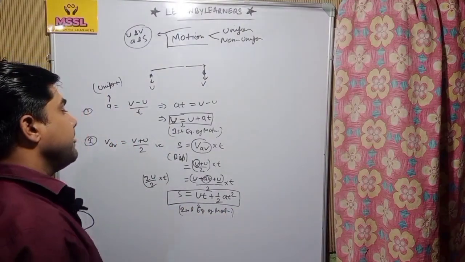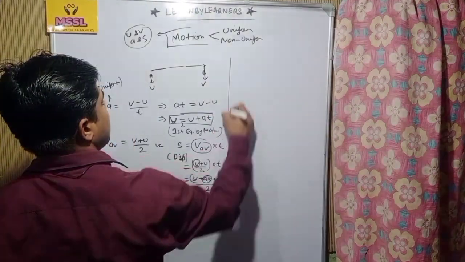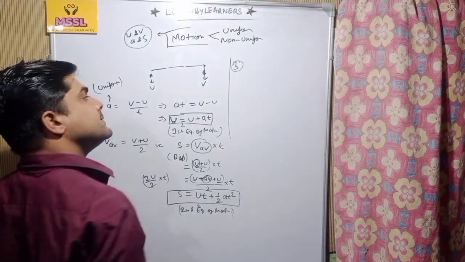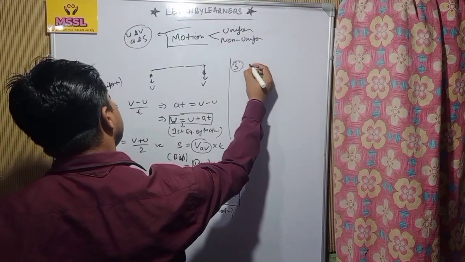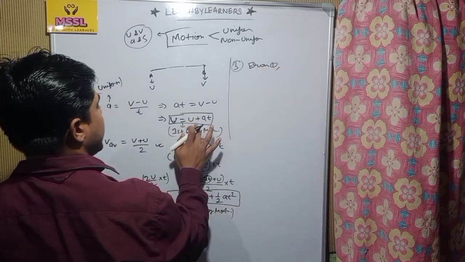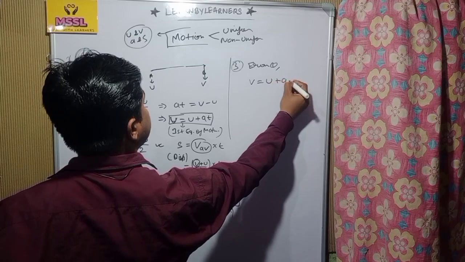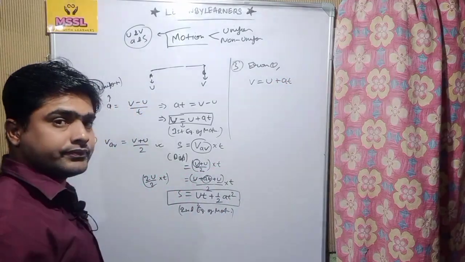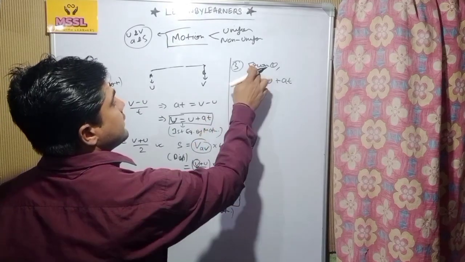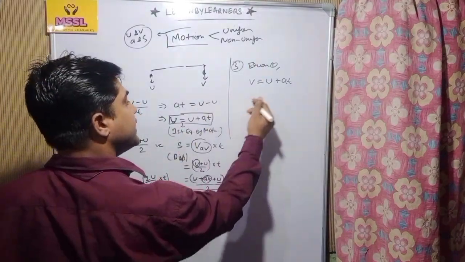Now for the third equation, we consider equation 1, this one: V equals U plus at, right? To get the third equation, we square both sides.